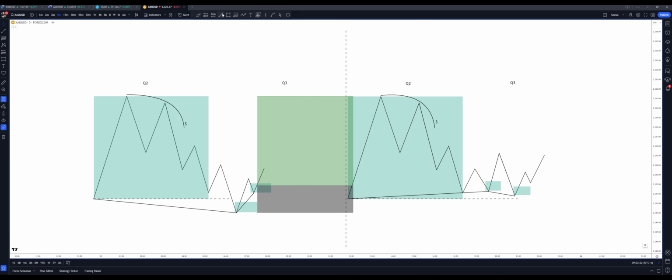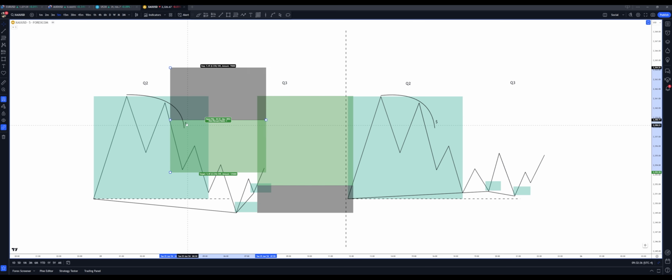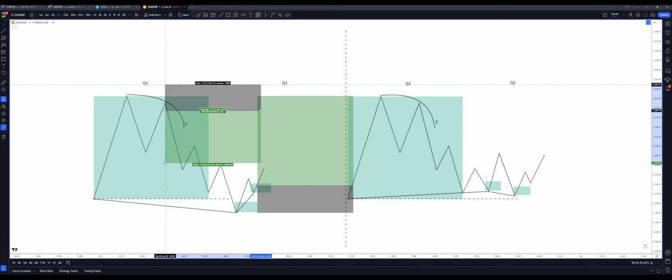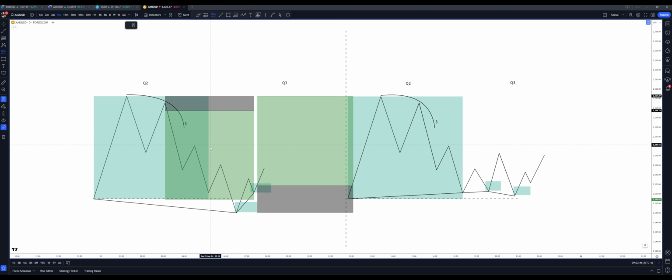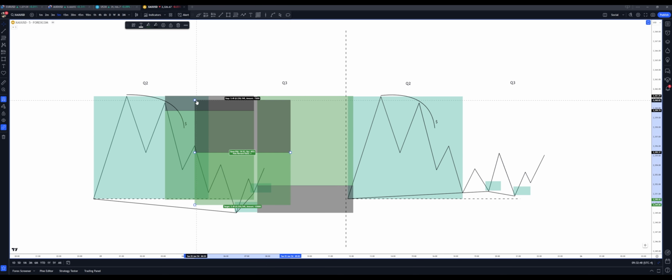Because what we're going to see is price creating really good order flow to go to the underside, create this SMT with its previous quarter. But what's happening is everyone's sells are still here because they're expecting it to go lower, bro. They're expecting it to go way lower, especially these guys.